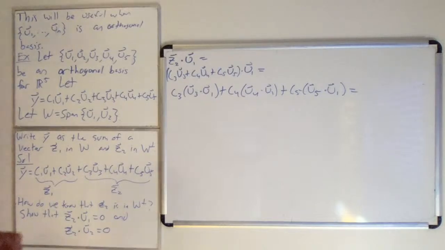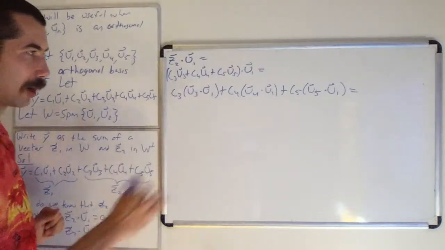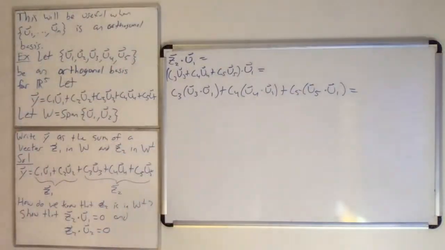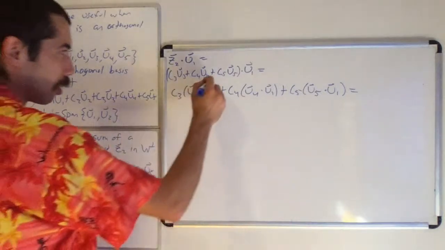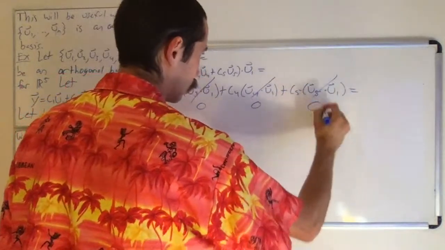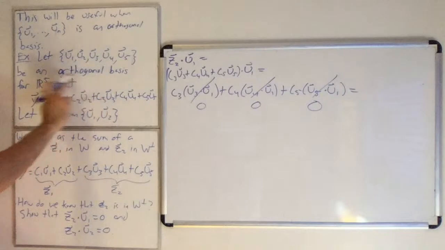Right, and so my question to you is, what is u3 dot u1? And what is u4 dot u1? And what is u5 dot u1? Well, these are all 0 because our basis is orthogonal.